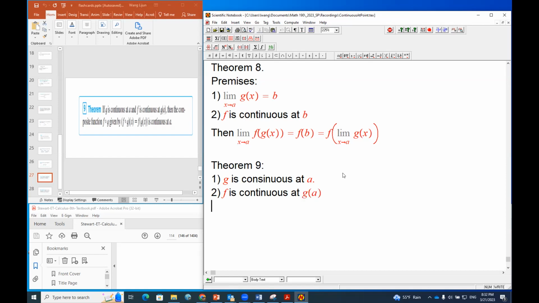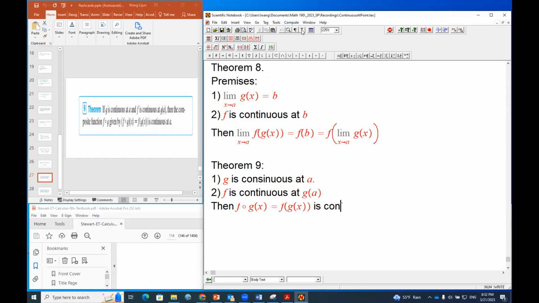And then the conclusion says that f composite g is continuous at a. So what does this say?